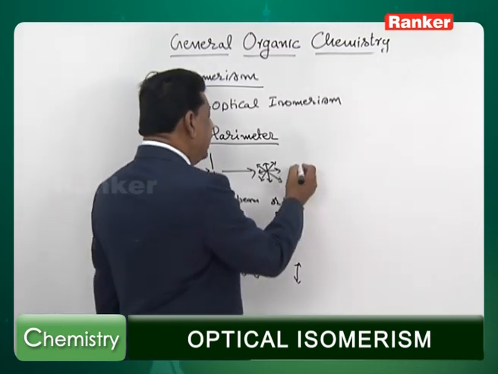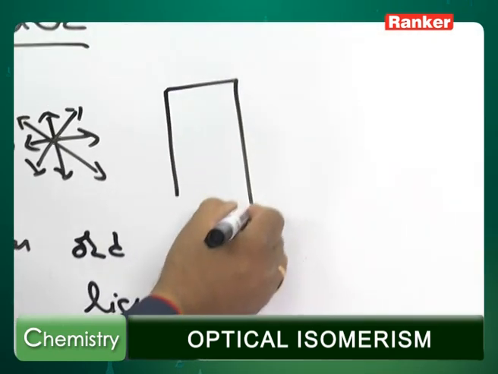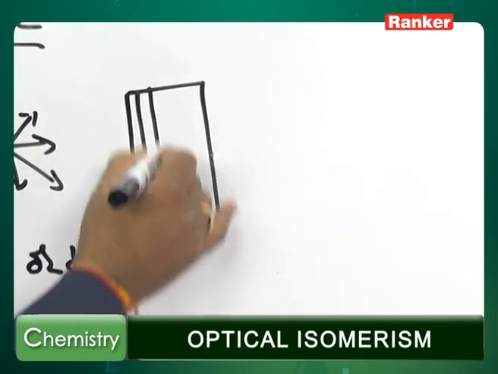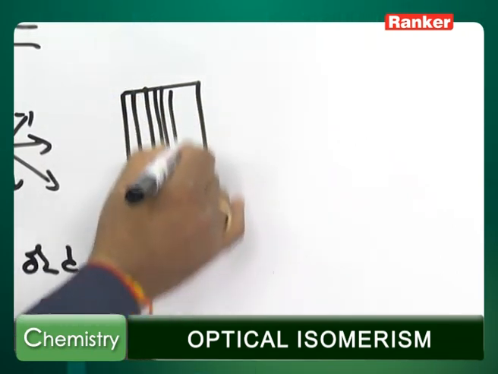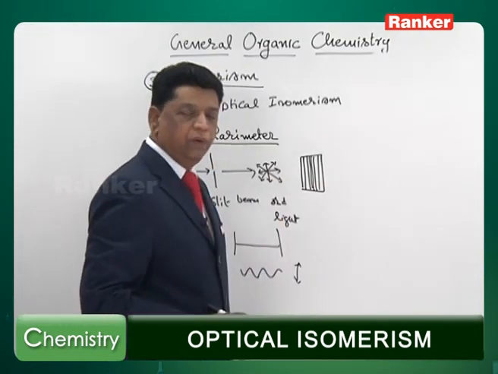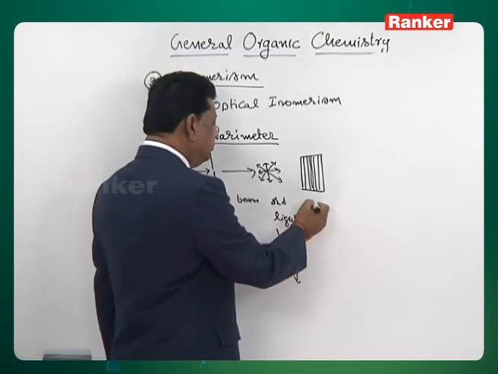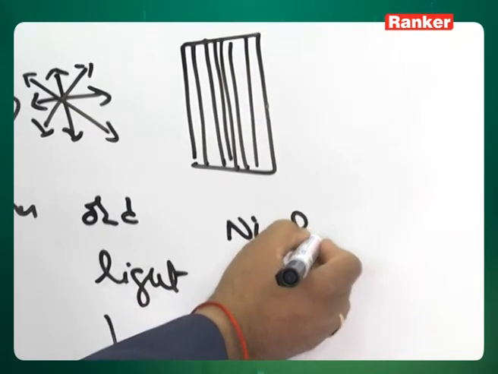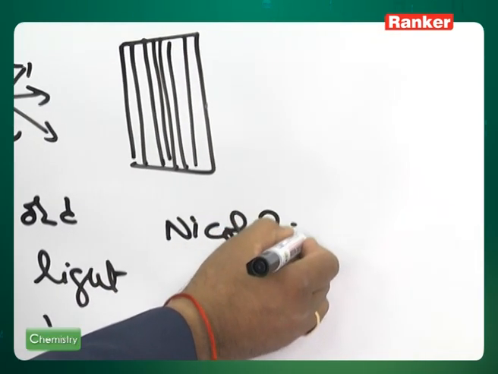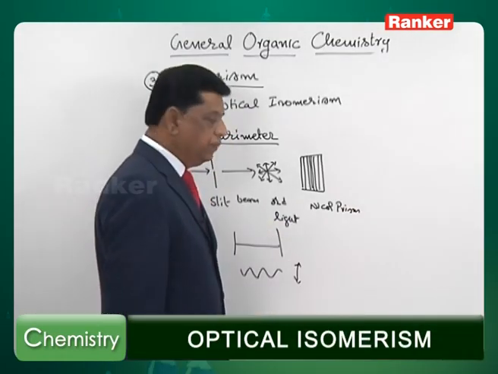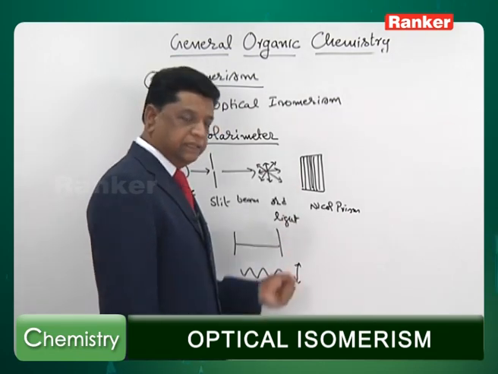Such a light I am passing through, imagine, a window having grills in one direction. Literally speaking, this is not a window and there are no grills. This is a Nicol prism, which works just like a window which has bars in one direction.